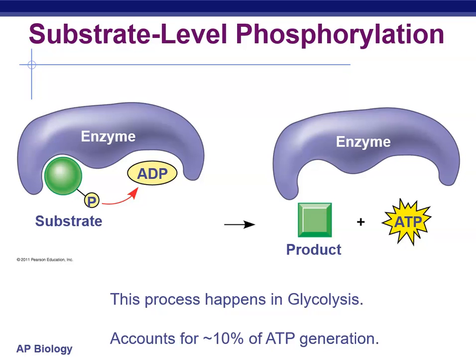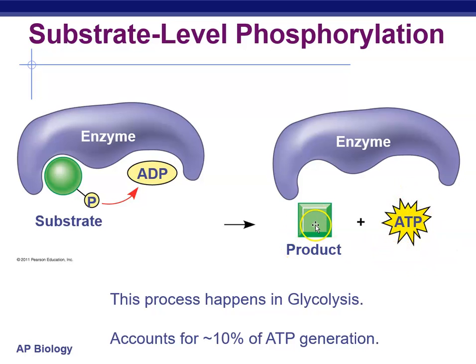If you looked at the diagrams of glycolysis, there's about 10 reactions or so, and some of those reactions are substrate level phosphorylation, where an enzyme grabs onto a substrate, which is one of those intermediates of glycolysis, a substrate that has a P available, grabs onto an ADP, and then gives that ADP a P, therefore phosphorylating ADP into ATP.